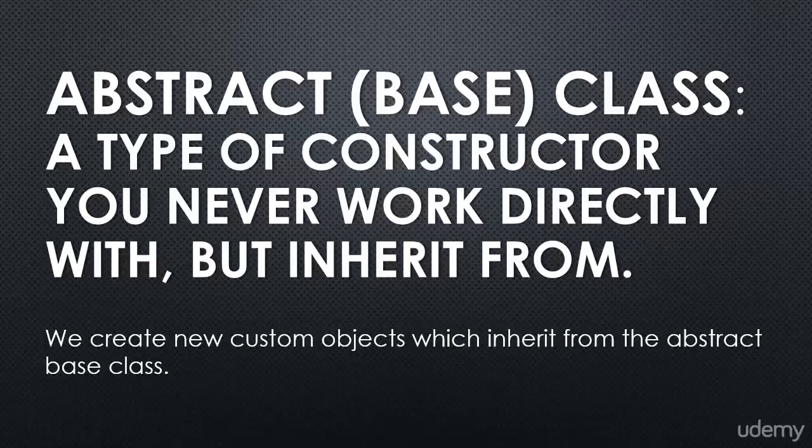But the idea is a type of constructor you never actually work directly with, but you only inherit from. So in other words, when we create new objects of this type, we never directly go, give me a new stream. We always build some kind of custom version of it. We inherit from it, and then we make objects from that.